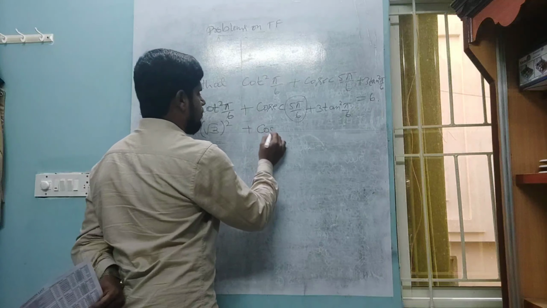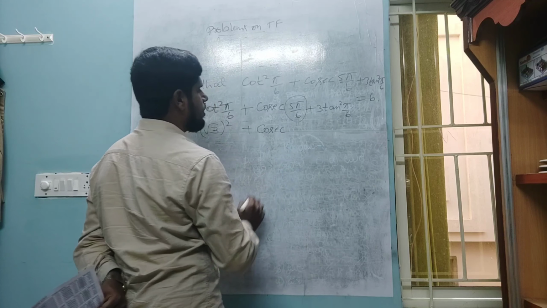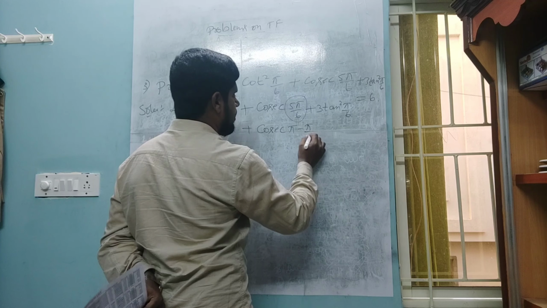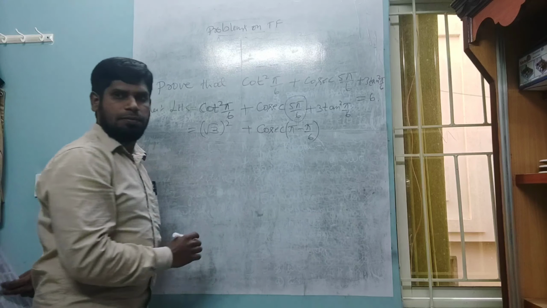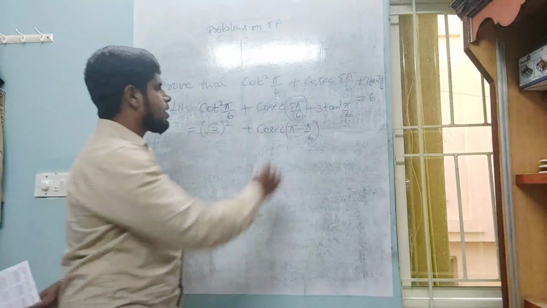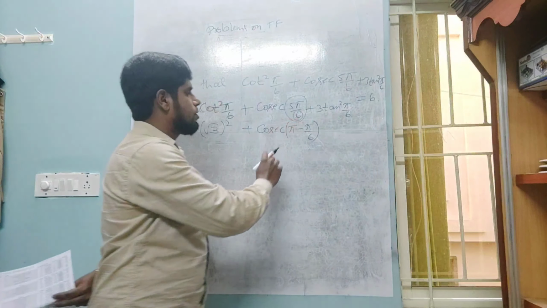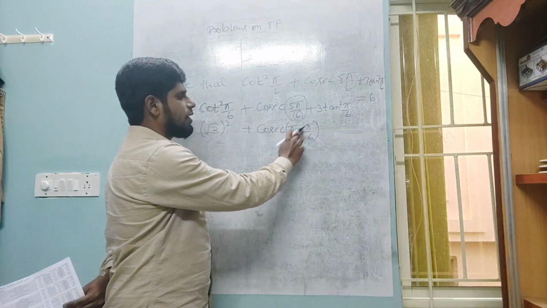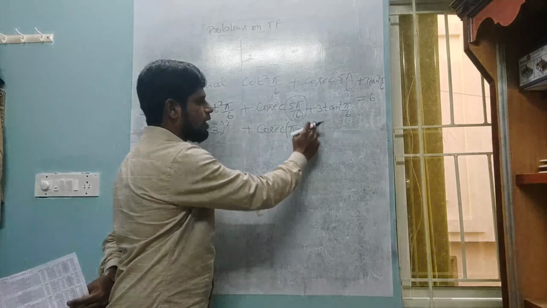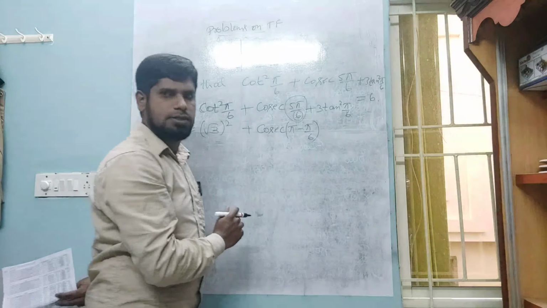Cosecant 5 pi by 6, we'll convert it to an allied angle, pi minus pi by 6. As I said in the previous problem, the denominator is 6 here, and this is completely in the second quadrant. The second quadrant can be represented by 180 minus theta. Since there is a 6 in the denominator, the standard angle is pi by 6.